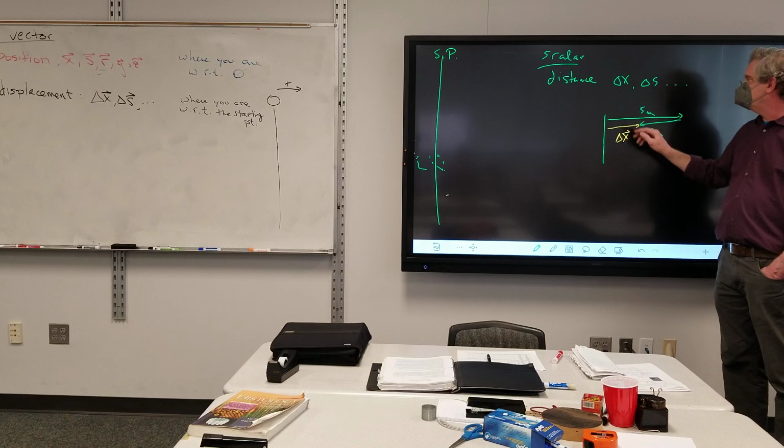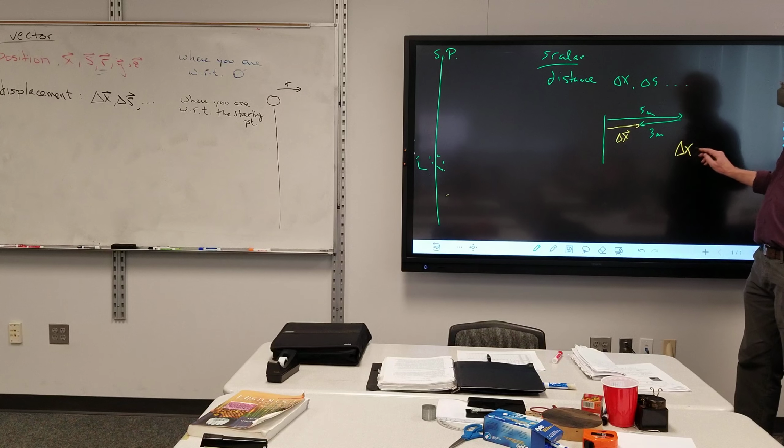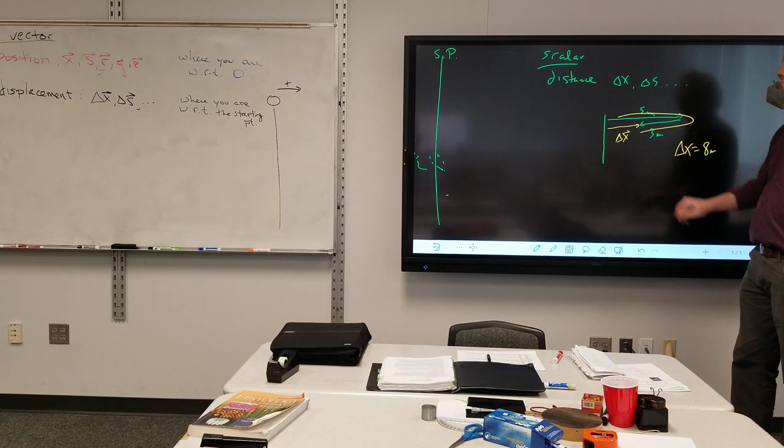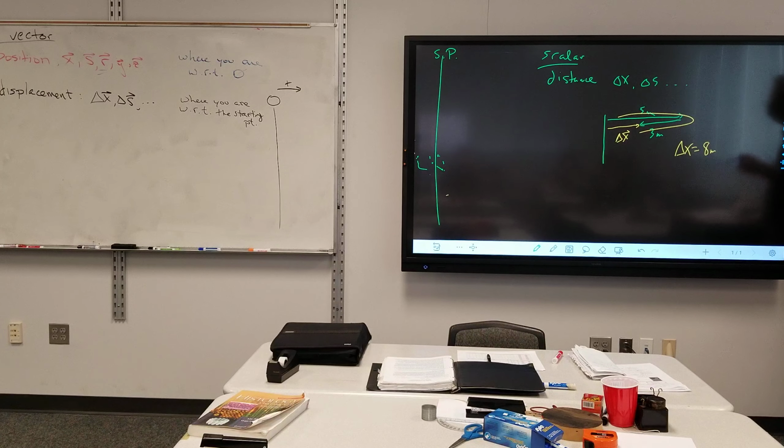But the distance, 8 meters. Unless you define something strangely, distance is always going to be a positive number. Negative distance, I guess you're going back in time.